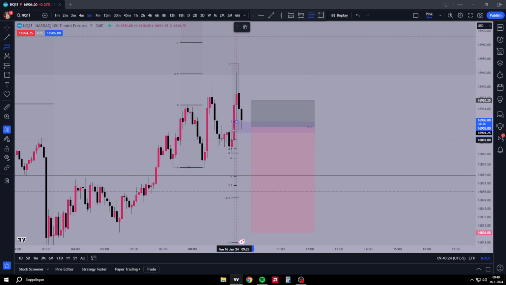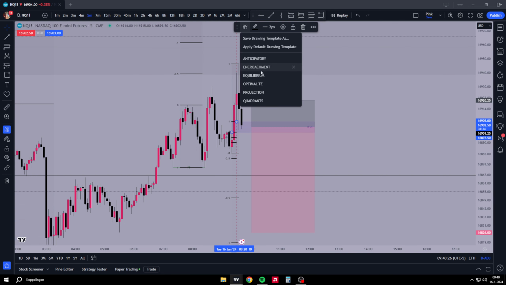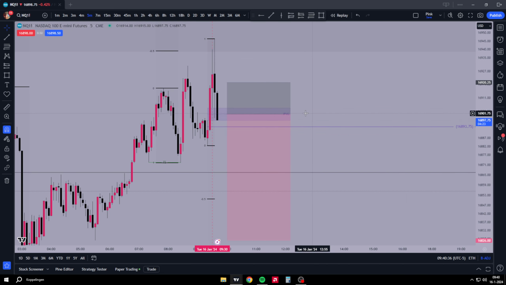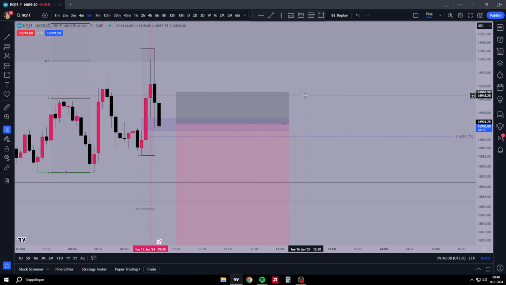Alright, so let's see what we do with this setup. The candle can close until here. If it closes on top of this or above that, that would be perfect, and I would take a market order. So let's say it's here.